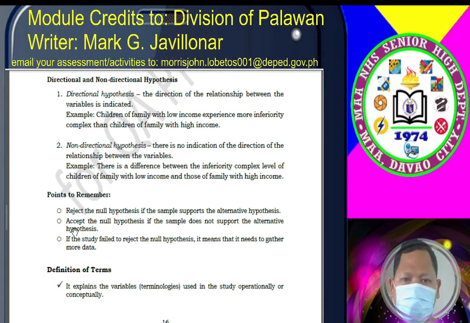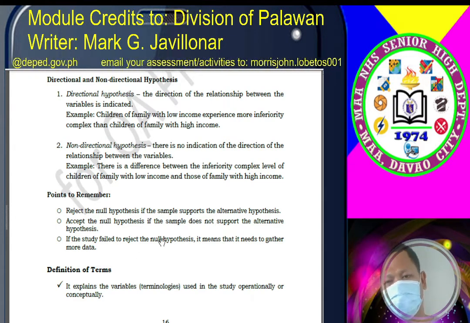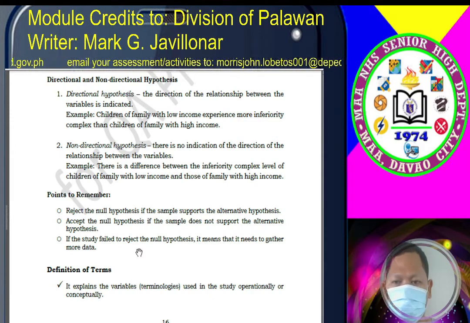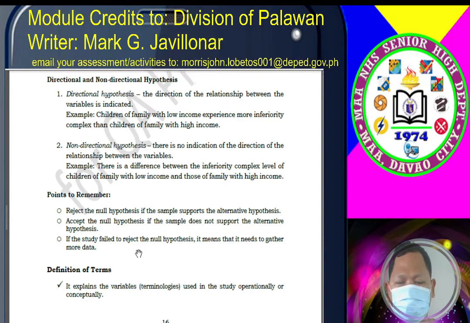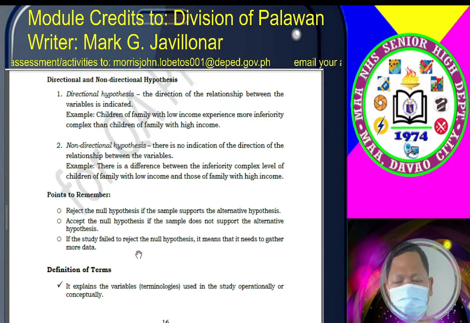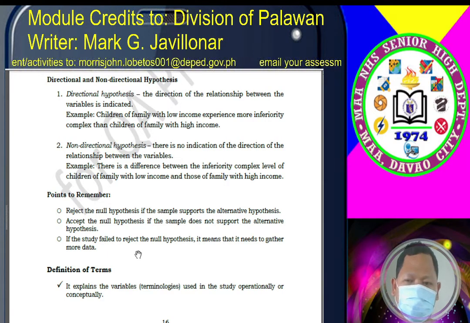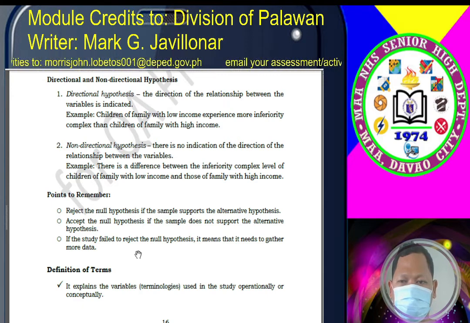Points to remember: reject the null hypothesis if the sample supports the alternative hypothesis. Then, accept the null hypothesis if the sample does not support the alternative hypothesis. And third, if the study failed to reject the null hypothesis, it means that it needs to gather more data. I think you recall this concept in your hypothesis testing in grade 11, your third chapter in stat and probability.